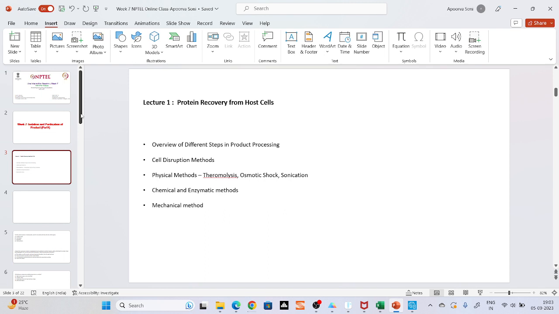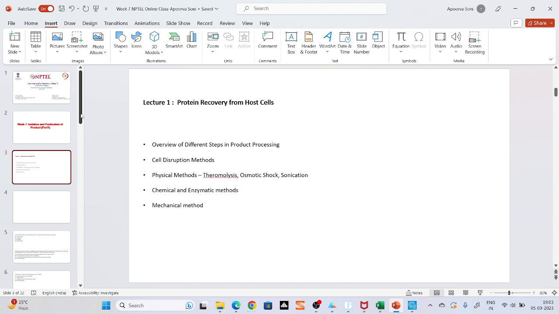Now that we have our protein products in our hand after cloning it and then expressing it using the expression vector that we studied in our last class, the next thing is that we want to recover those products. Up till cloning and expression, whatever we do is known as upstream processing.